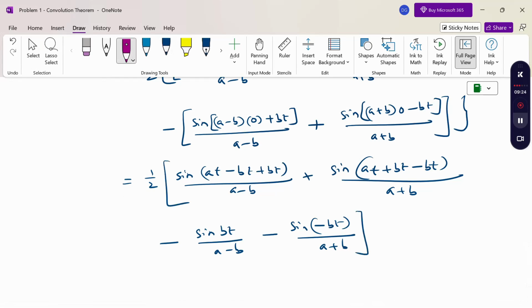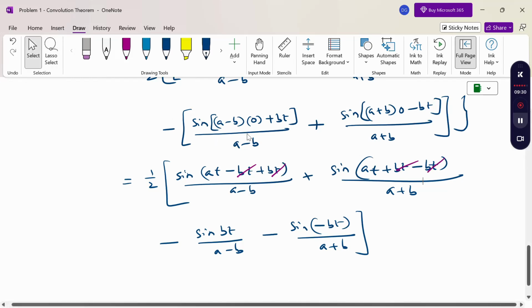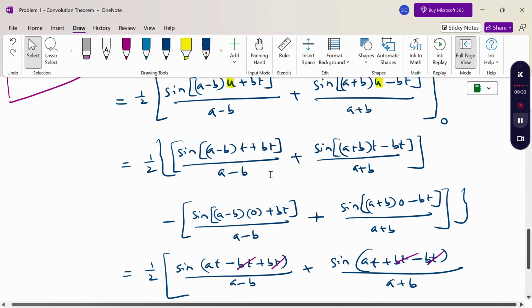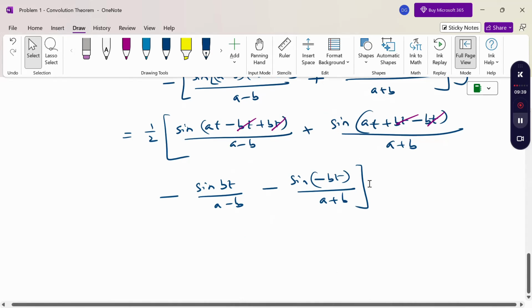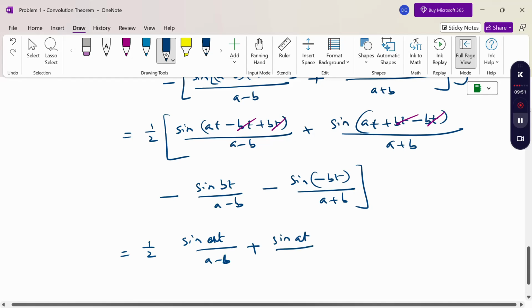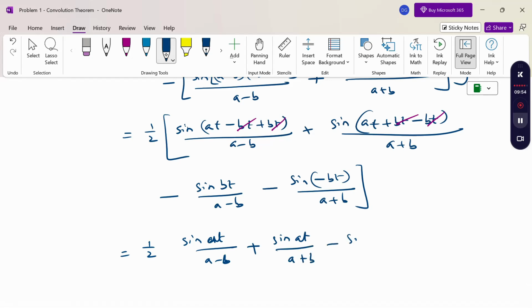When I cancel these two terms, bt cancels, this bt cancels. So sin of (a minus b) into bt. So therefore, this is the term: 1 by 2 sin at by a minus b plus sin at by a plus b minus sin bt by a minus b plus sin bt by a plus b.